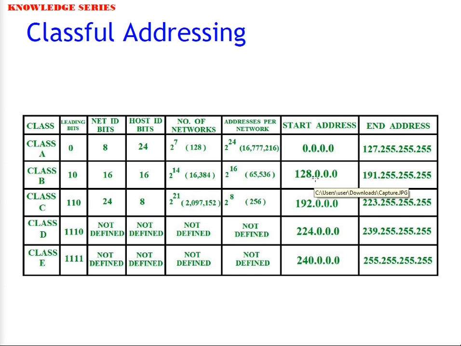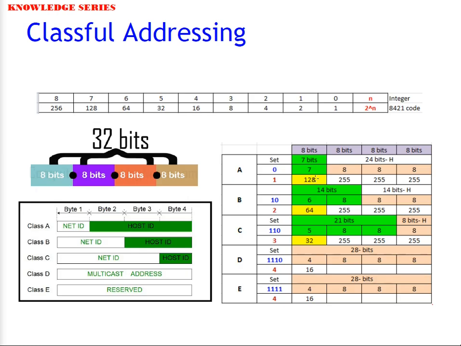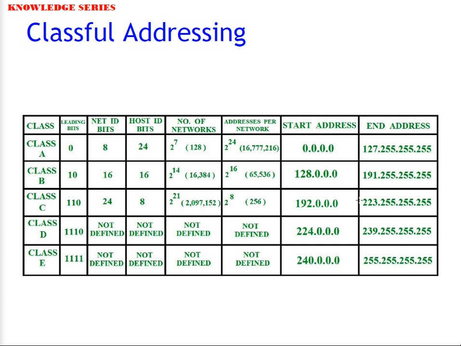Now it starts from 0 and goes to 255. That means it starts from 0 and goes to 8 bits. When it is 8 bits, it becomes 256, minus 1, that is 255. That is what we see here, 255. Similarly for this one, 255. So this is the different possibilities.